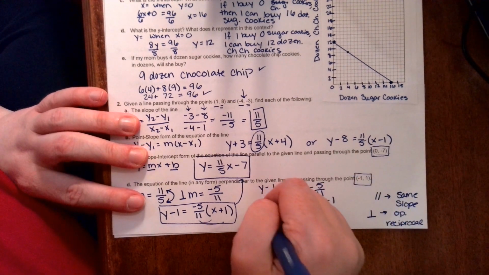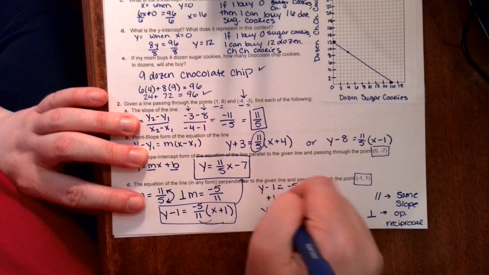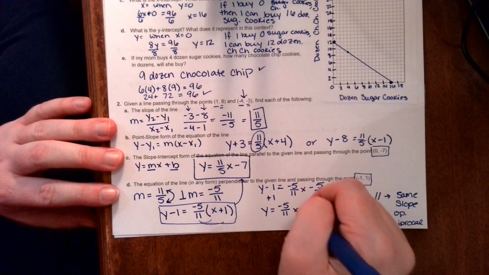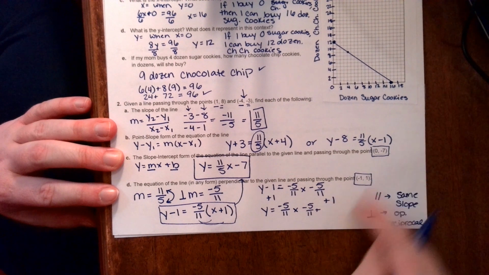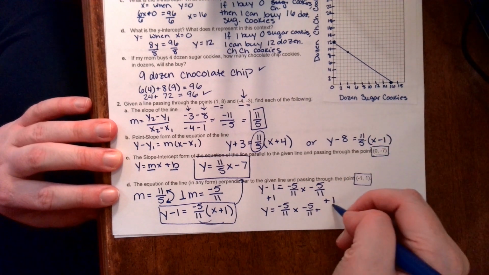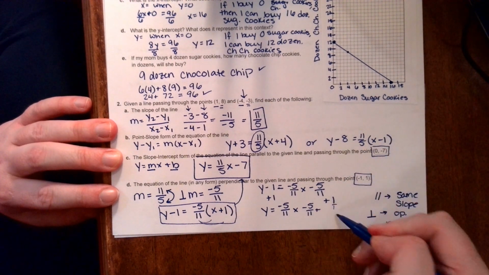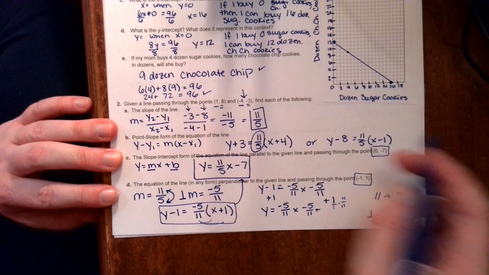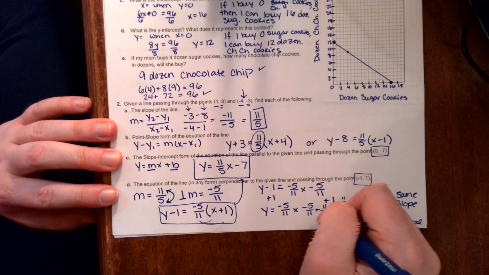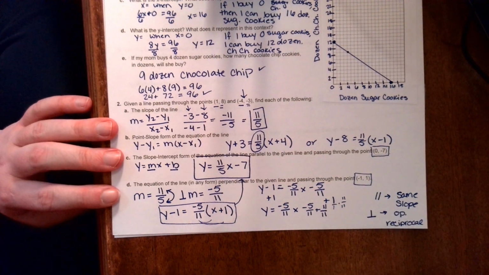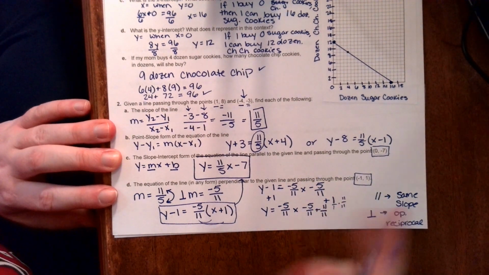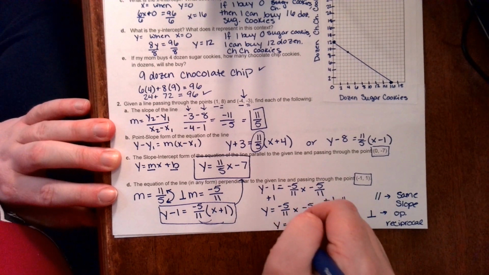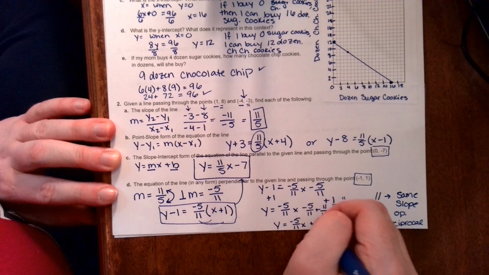And this is y equals -5/11 x minus 5/11. And then instead of +1, let's make this a fraction. This is 1/1. Well, in order to add, they have to have a common denominator. So I need to multiply the top and bottom by 11. So that's 11/11. And 11 minus 5 is 6. So this becomes y equals -5/11 x plus 6/11.